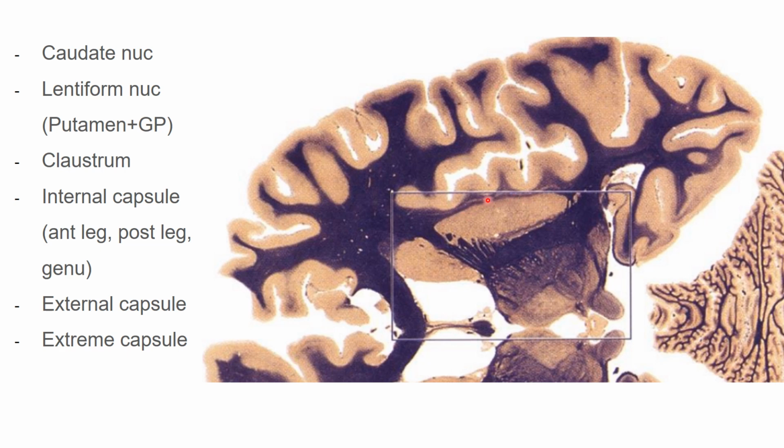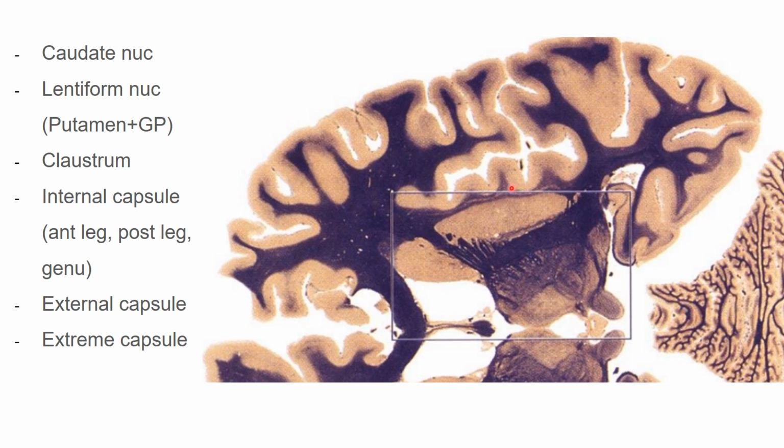Then you see a thin sliver of gray matter. That thin sliver of gray matter is going to be the claustrum. So here we're just looking at a different view of a cross section. So caudate, putamen, claustrum. Okay, then that means that this has to be our internal capsule, our external capsule, and our extreme capsule.